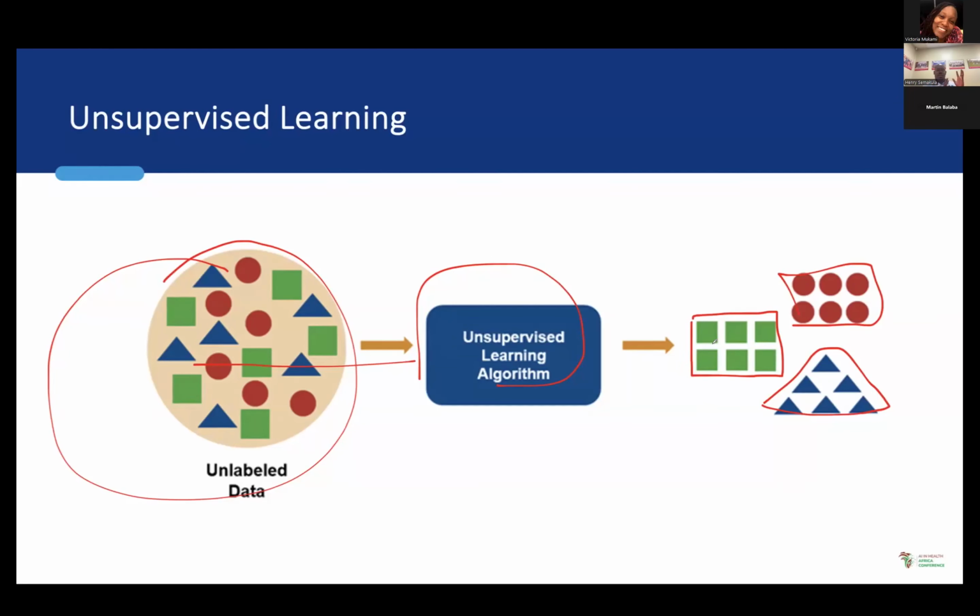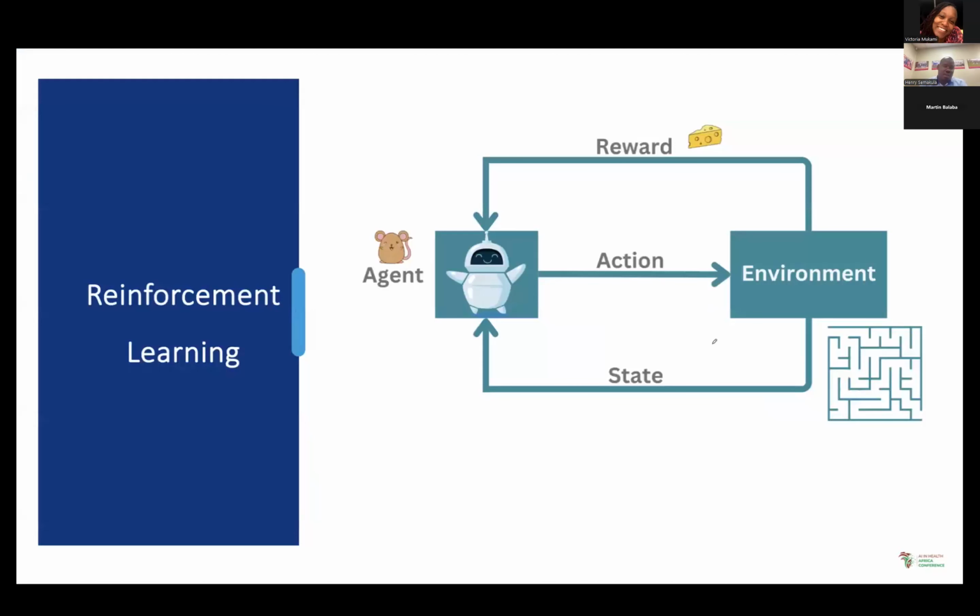And the goal is to train a model to be able to identify patterns from the input data, but the data is not labeled. So when we come to reinforcement learning, I'm going to use a very simple example to understand it. With reinforcement learning, we always have the agent and the environment.